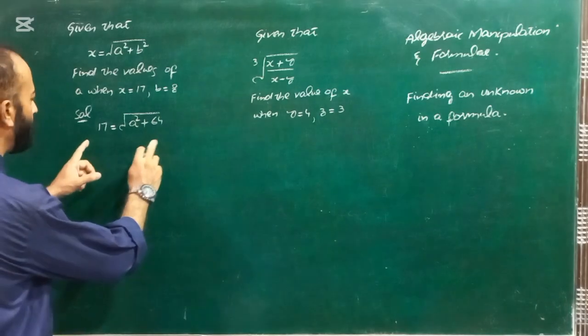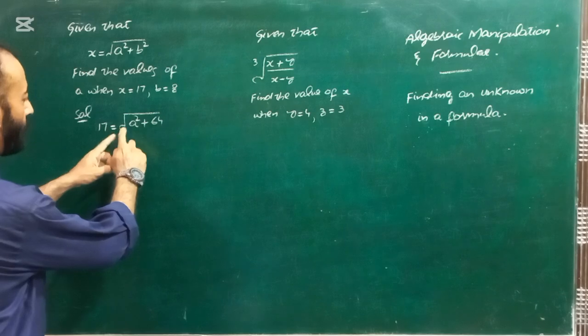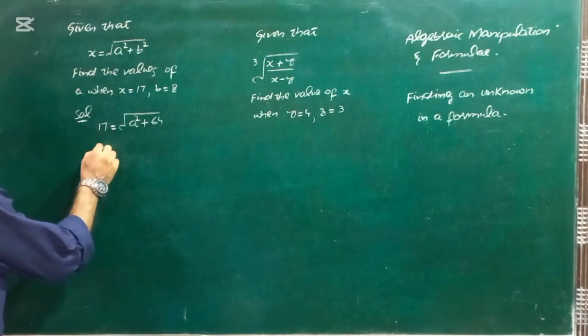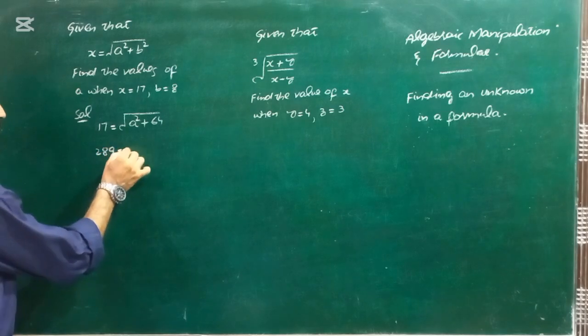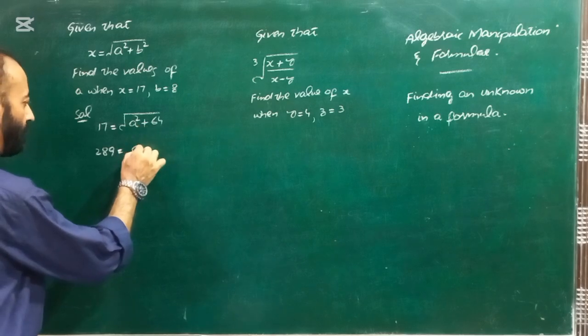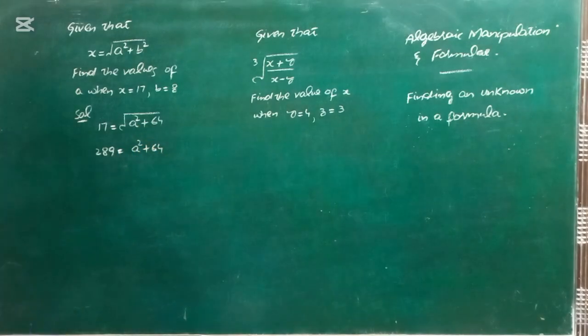So we are going to take the square of both sides so that the square root will be eliminated. So 17 square will be 289. And when we take the square of the right side, the square will be cancelled by the square root. So a square plus 64 will be left on the right hand side.